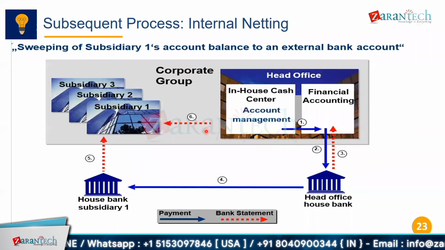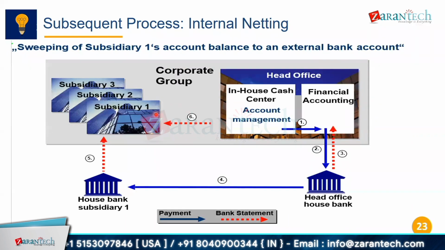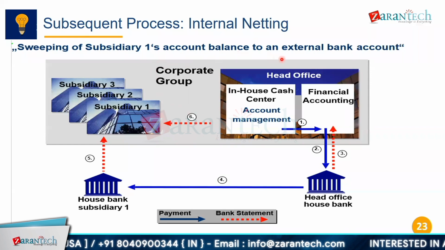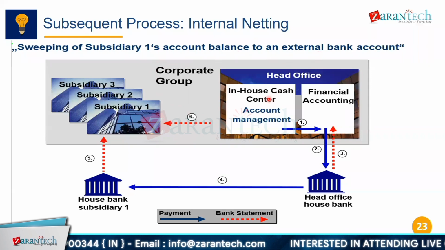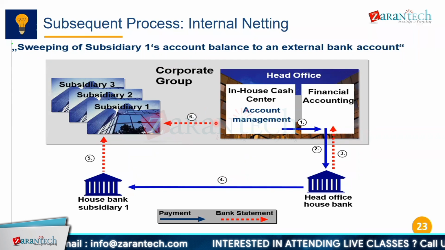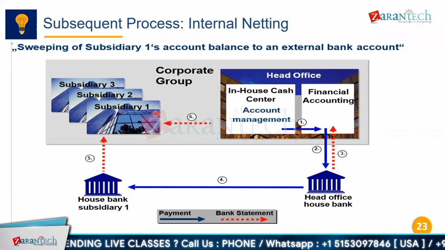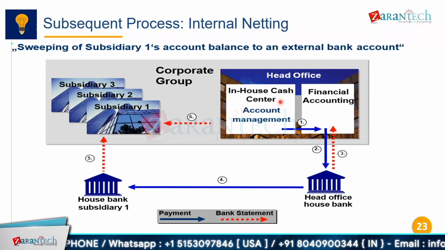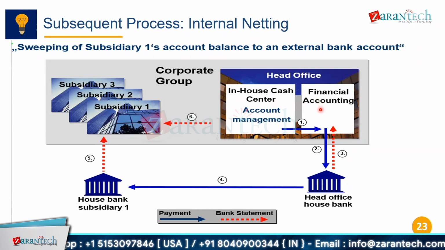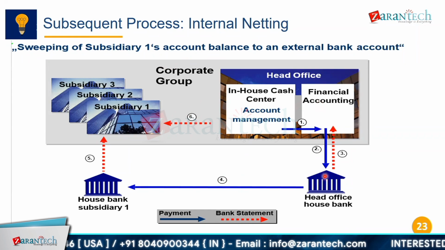Over the flow, you can see this is about the payment. If you look at the overall flow, the subsidiary sends the payment request to the head office. Then the head office will make a payment to the bank.